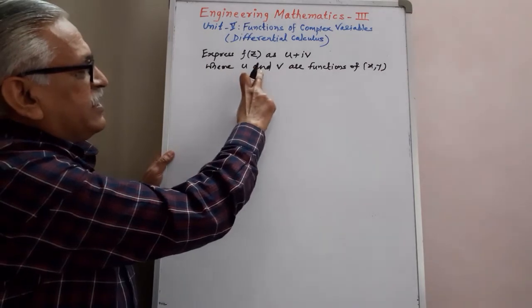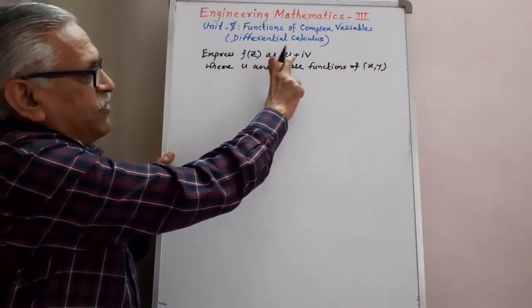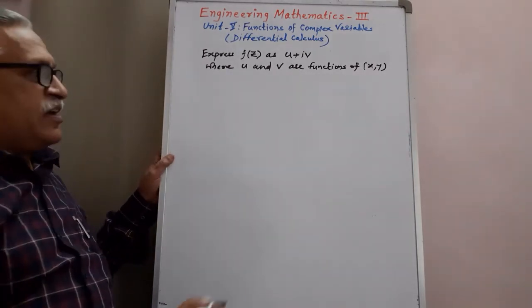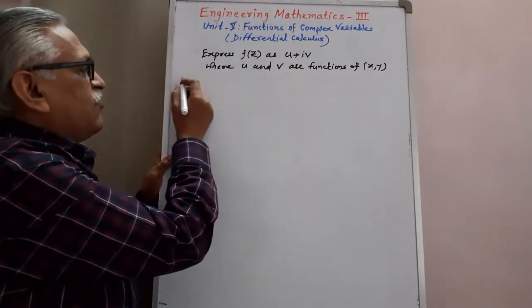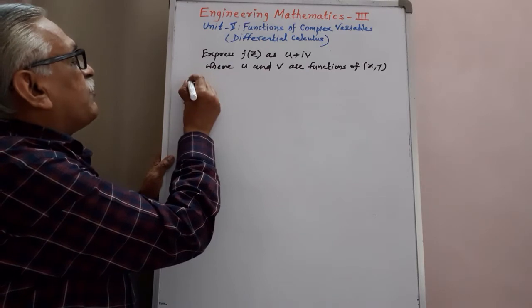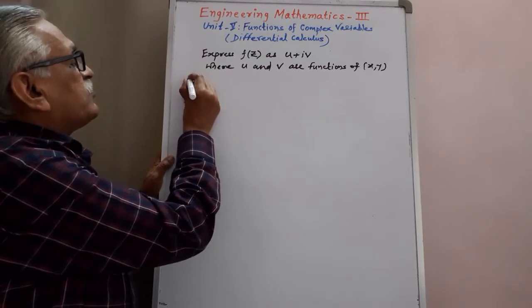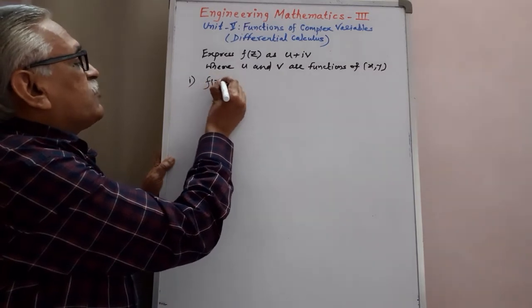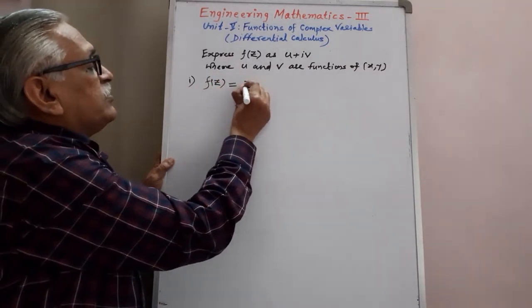Express f of z in the form u plus iv, where u and v are functions of x and y, for the following examples. Example number one: f of z equals z square.